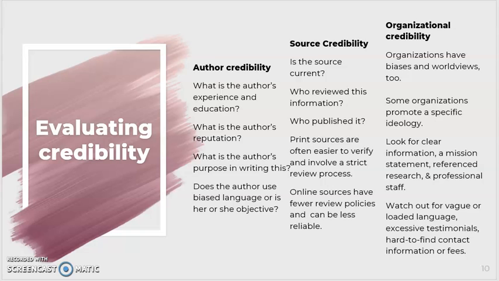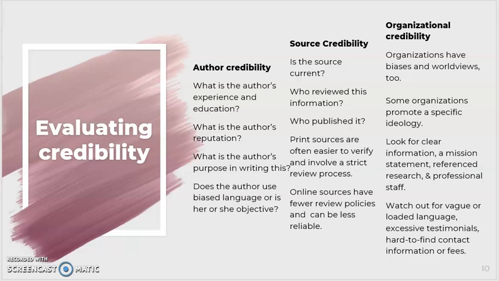Source credibility is similar in that you are asking how credible or believable is information coming from this source. Now the source is going to be maybe the publication, the Wall Street Journal or the New York Times or the National Enquirer or some lady's homemaking blog, right?